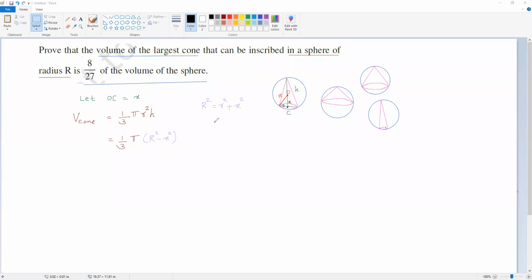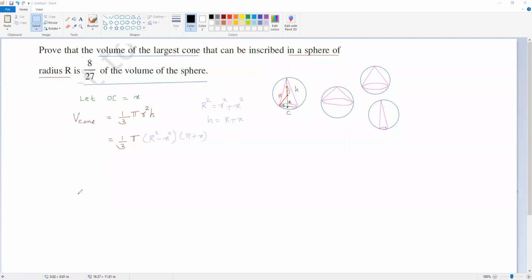Then the height you will get is R plus x, because this length is the radius of the sphere. So capital R is the radius of the sphere, and h is equal to R plus x.